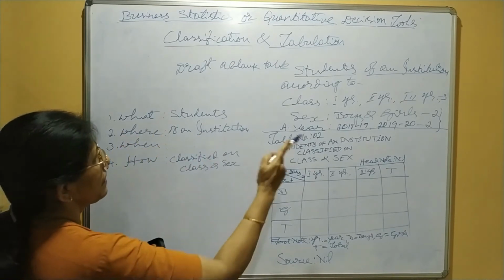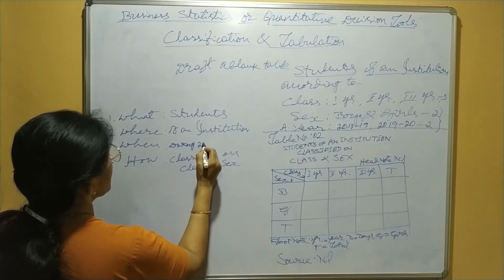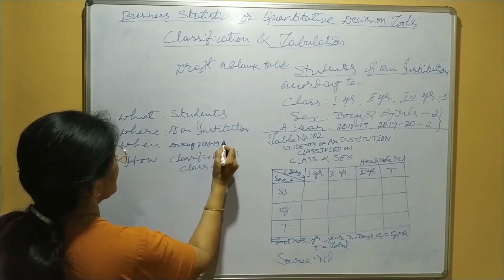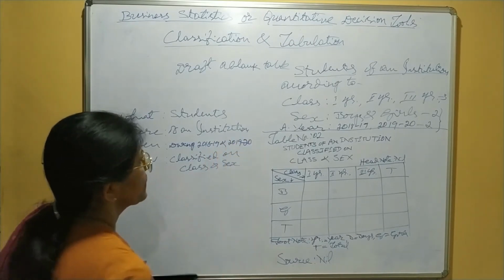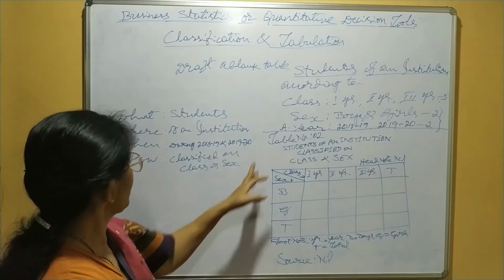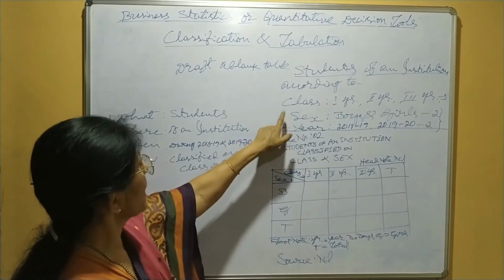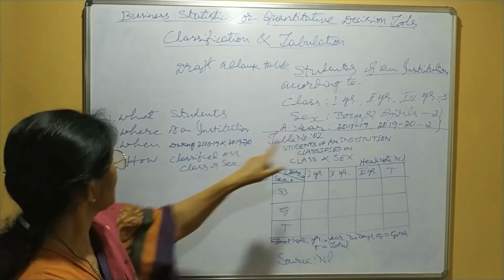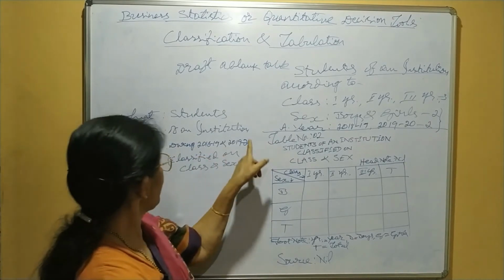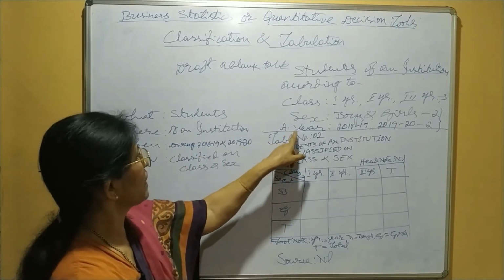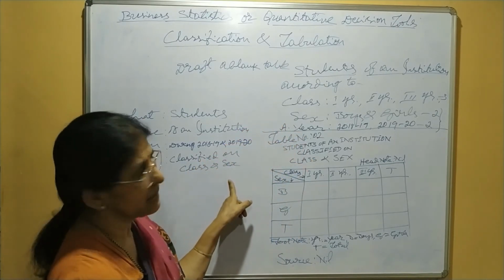When: during 2018-19 and 2019-20. Then how classified? Classified on class and sex. Here the year has been covered in the question 'when' itself, therefore we need not take the year. The remaining characteristics are classified on class and sex.